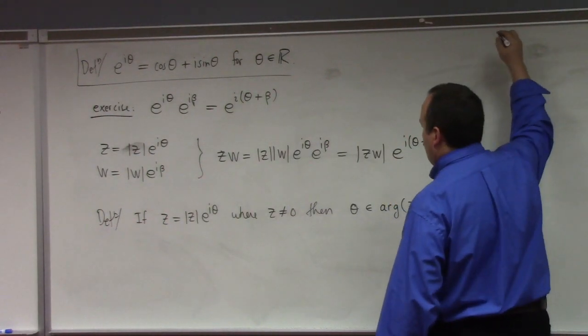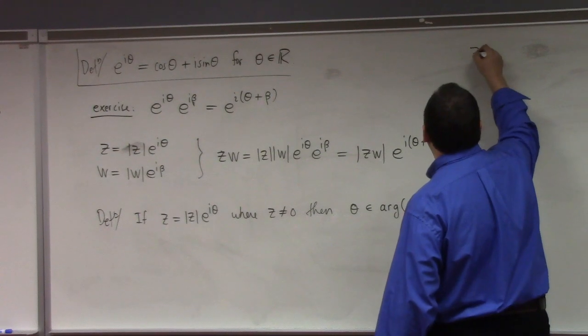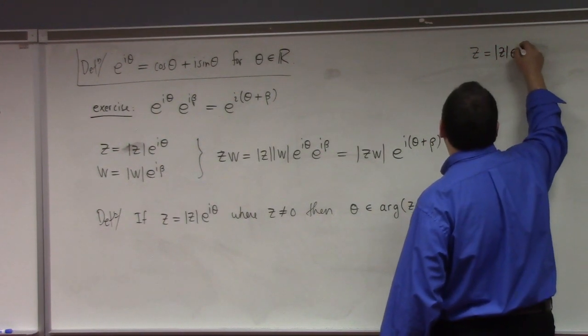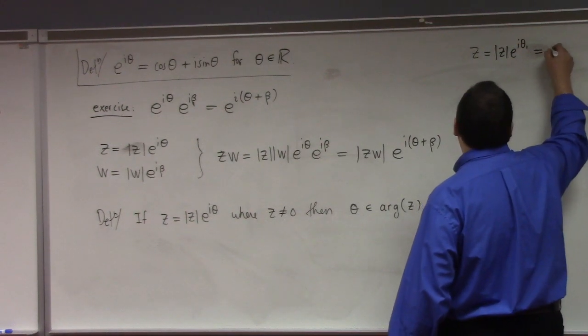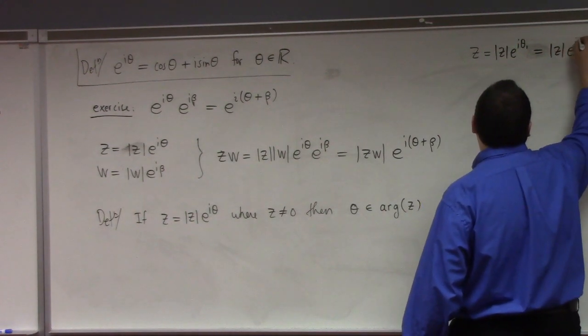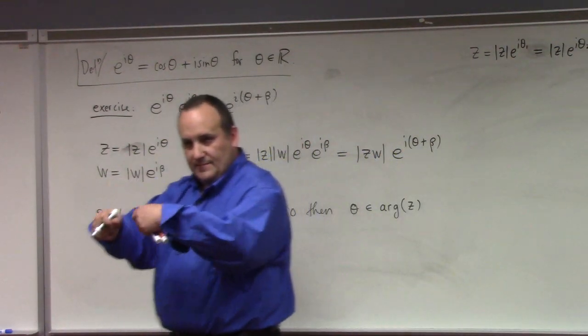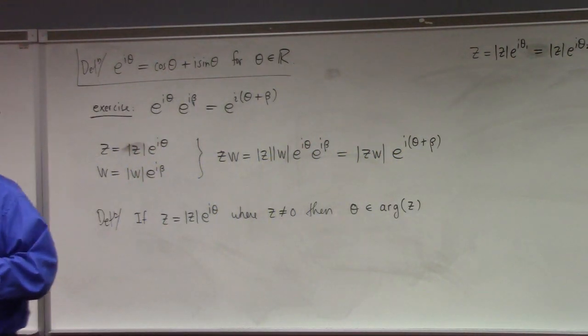Let's suppose, for the sake of discussion, z is equal to the modulus of z e to the i theta 1, and that's equal to the modulus of z times e to the i theta 2. Suppose you have two different angles. How are they related?